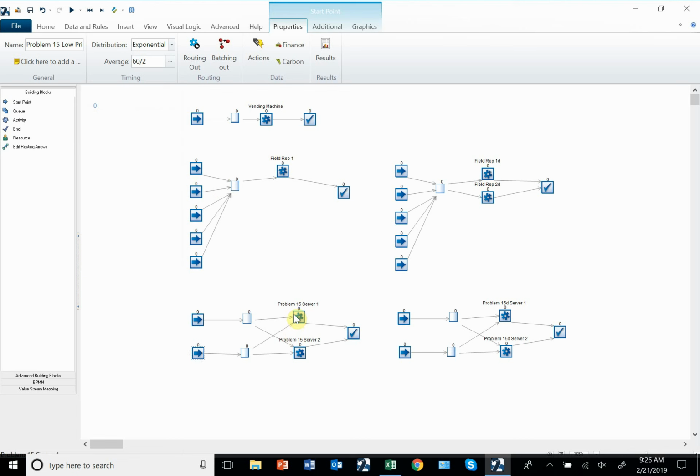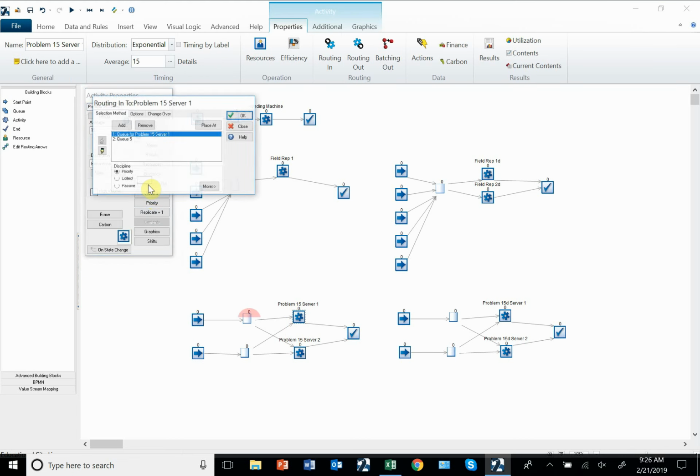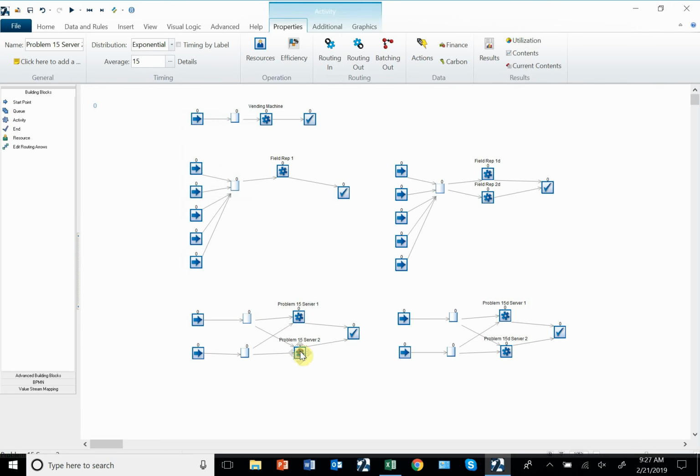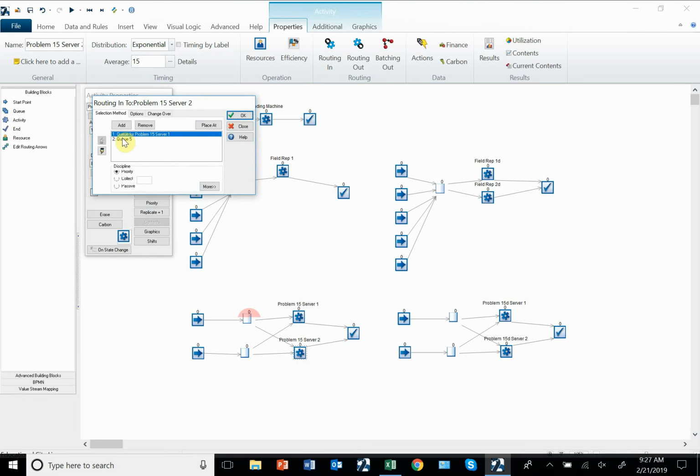So I've got 2 servers, and how they route things in is based on priority. So it's going to pull from that one first and pull from this one second. Same thing on this one. Routing in, it pulls from the high priority and then the low priority second.